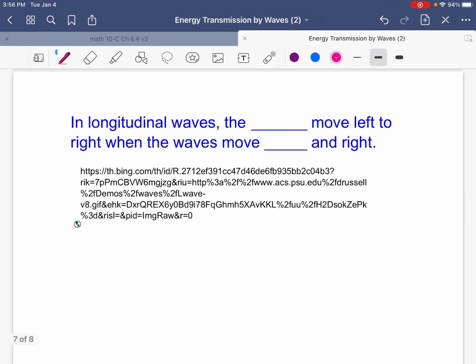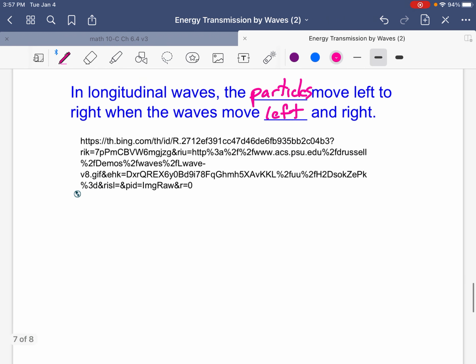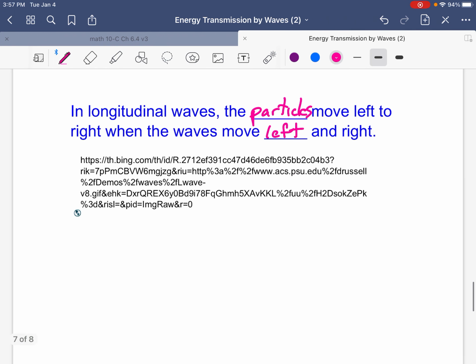Now, in longitudinal waves, the particles move left to right when the waves move left and right. I put a link in the Google Classroom.